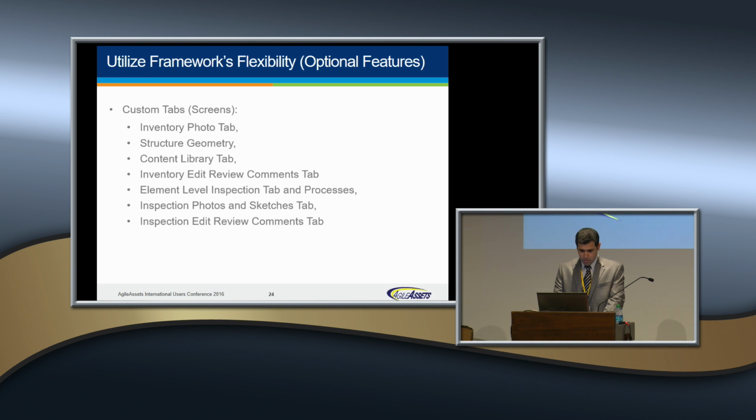Inventory edit review and inspection edit review go hand in hand with the QC process, and element level inspection and inspection photos and sketches tabs are also not an essential part of the framework. So the moral of this story is it's a very flexible framework. You need to know the assets that you're going to put in that category and the requirements for those, and then tune the framework based on your own needs in your own organization.